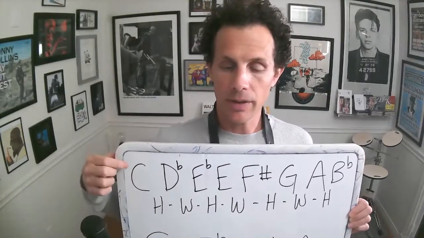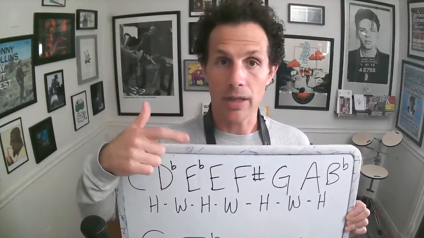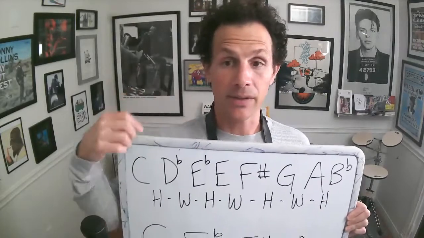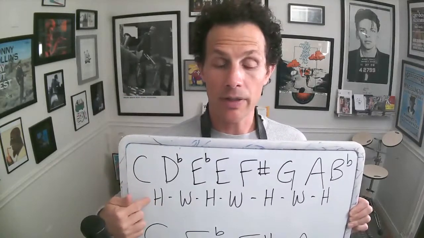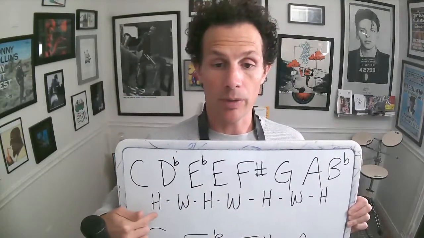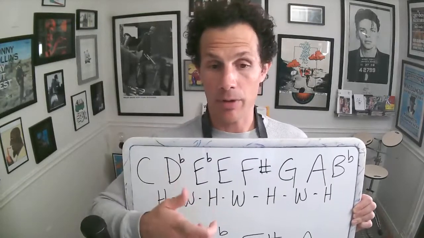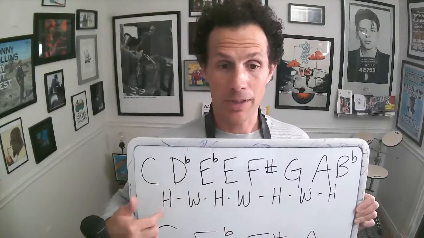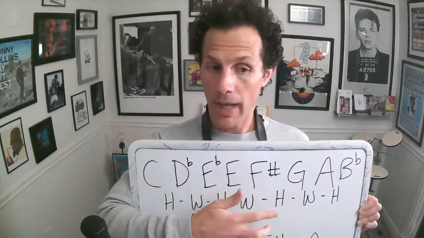Basically, C, D flat, E, F sharp, G, A, and then B flat, and then we're back to C. Underneath you see what I wrote here: half whole, half whole. I'm trying to look through the camera into the screen, so I apologize if I'm a little off. So it's half whole, half whole, half whole, half, and it goes.